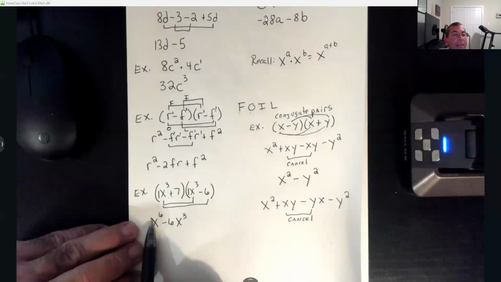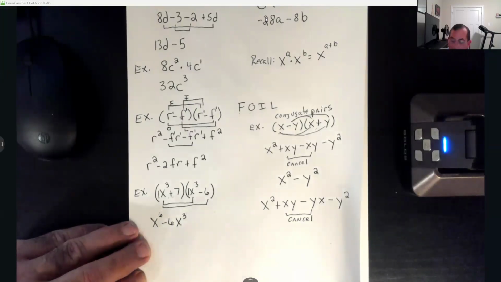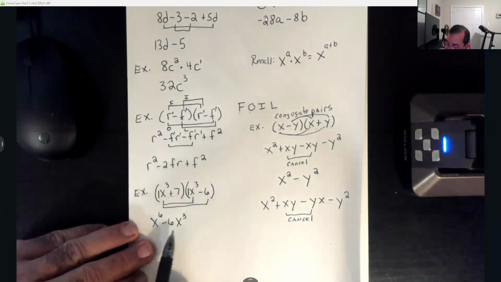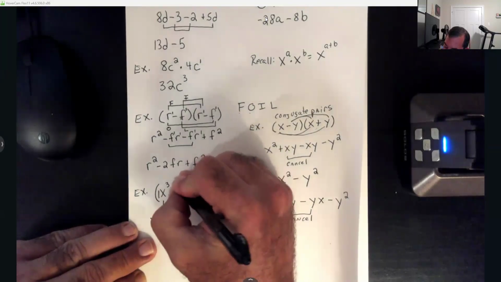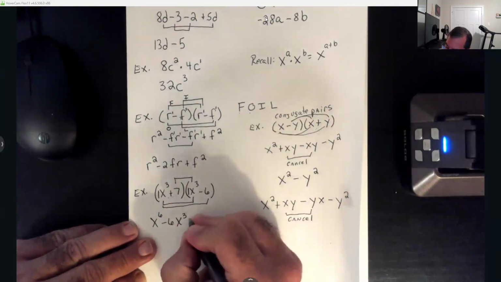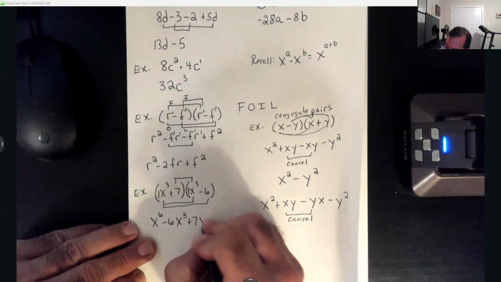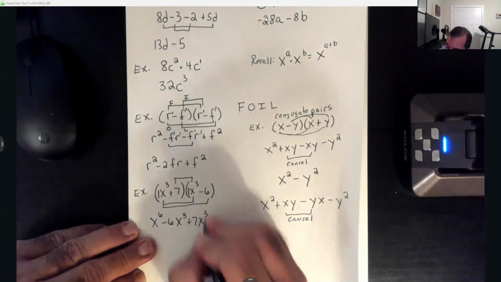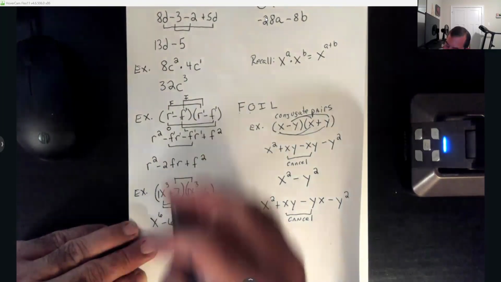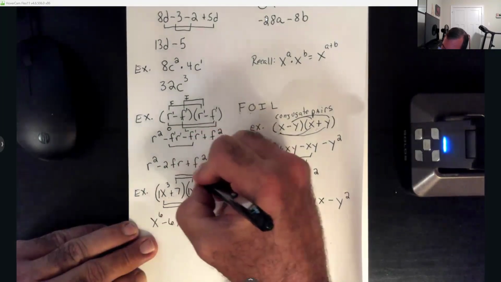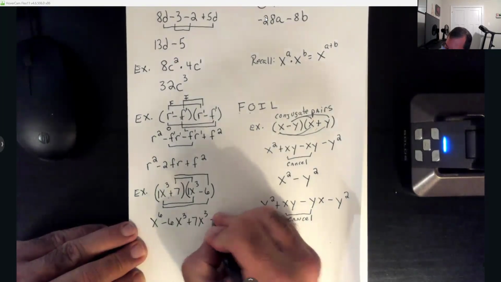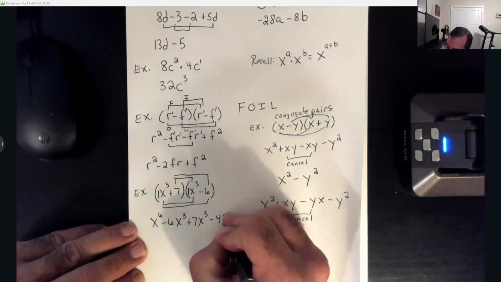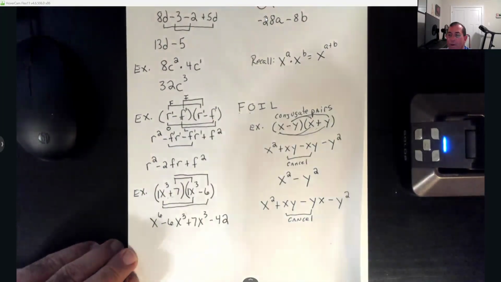That's going to keep that as a 1 on it, okay? All right, also, x cubed times negative 6, negative 6x cubed. Then I take the 7 times x cubed, I get a positive 7x to the third. And then finally, that 7 times that negative 6 is a negative 42.